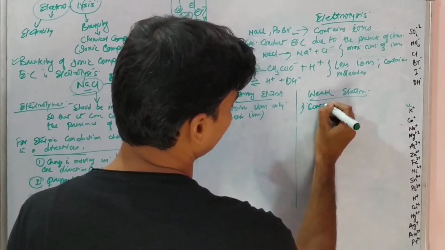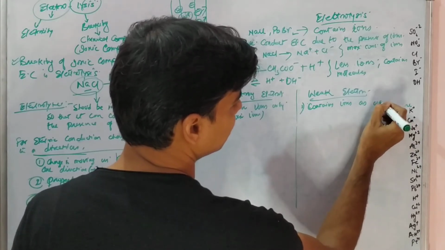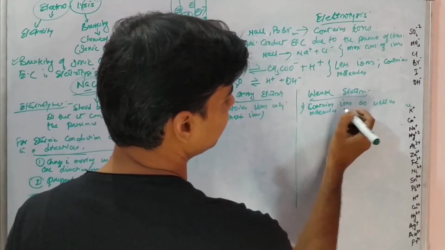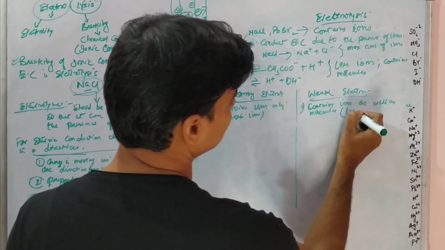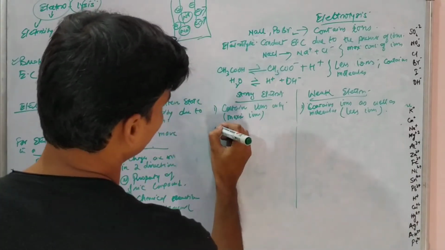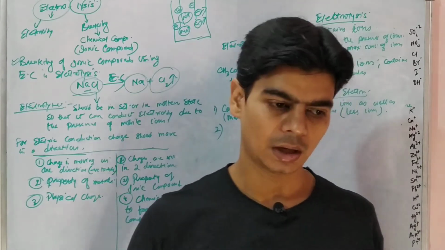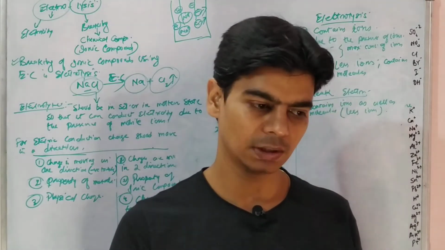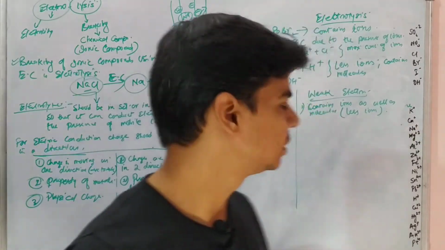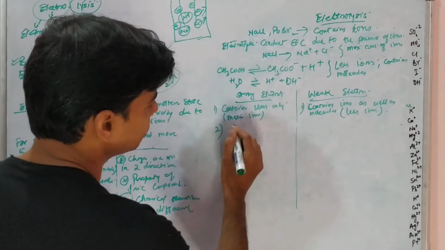Weak electrolytes contain ions as well as molecules. You know why molecules? Because of the reversible reaction. So these contain fewer ions, right? So strong electrolytes, due to the maximum number of ions, are good conductors of electricity, because electricity flows through an electrolyte due to the presence of mobile ions, and we have the maximum mobile ions in strong electrolytes.